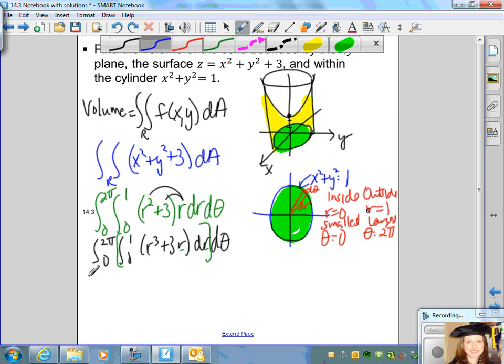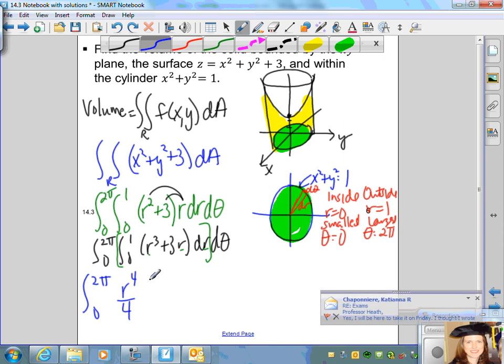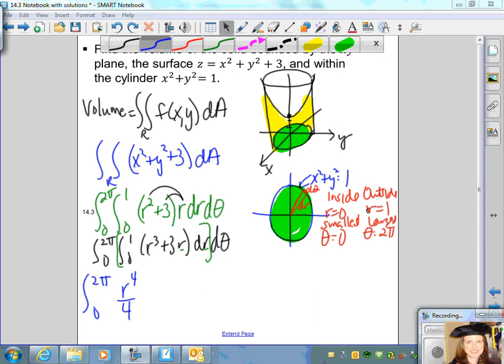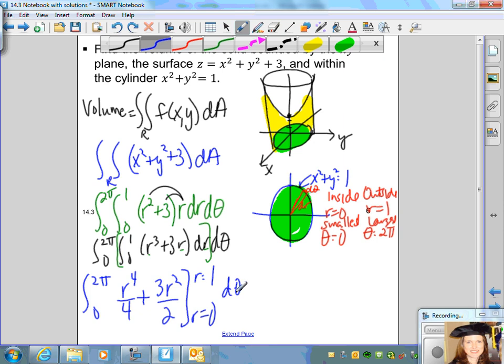When you integrate that, you get the integral from 0 to 2 pi of the antiderivative of r cubed, which is r to the fourth over 4, plus the antiderivative of 3r, which is 3r squared over 2. You're going to evaluate that for r equals 0 to r equals 1, and then your d theta.